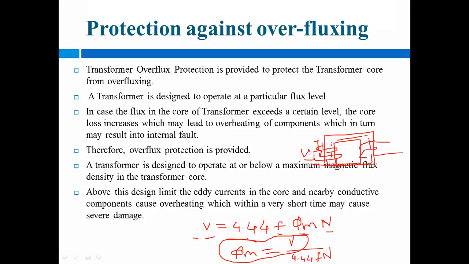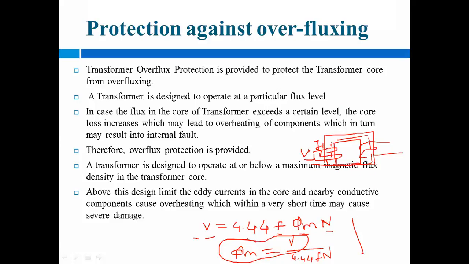If you apply the maximum value of current, flux will be set in the core, but the core has some capability of producing flux. If the core gets saturated and you increase the value of current after saturation, the flux will not increase.